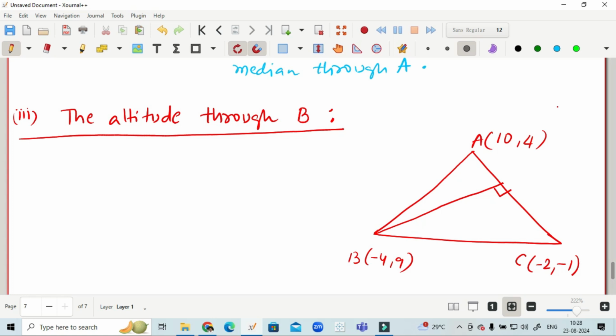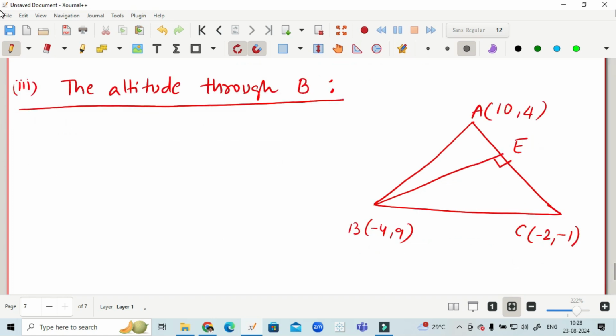So the line passing through B should be perpendicular to AC. Let's call the foot of the altitude E. So we are indirectly being asked to find the equation of BE.